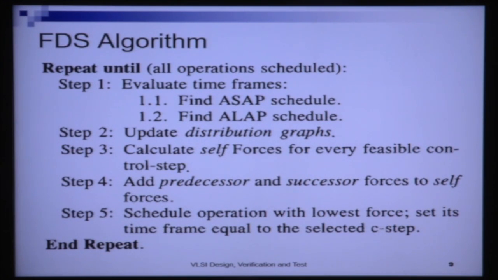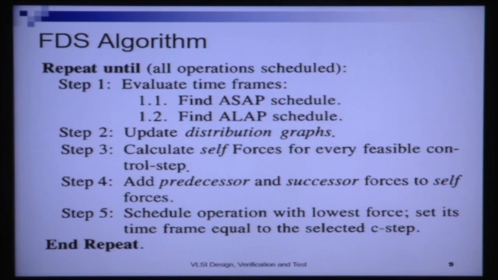Repeat until all operations are scheduled: evaluate time frames, find the ASAP schedule, find the ALAP schedule. Based on the ASAP and ALAP schedule, now you find time frames. The time frame is equal to the mobility plus 1. Find out the probability of assignment, which is 1 divided by the time frame value.